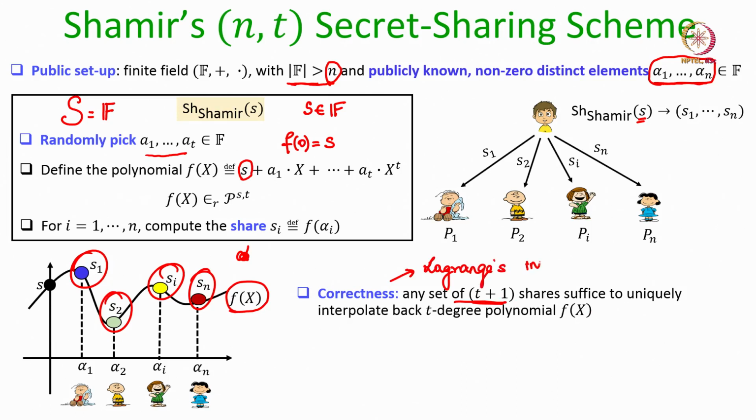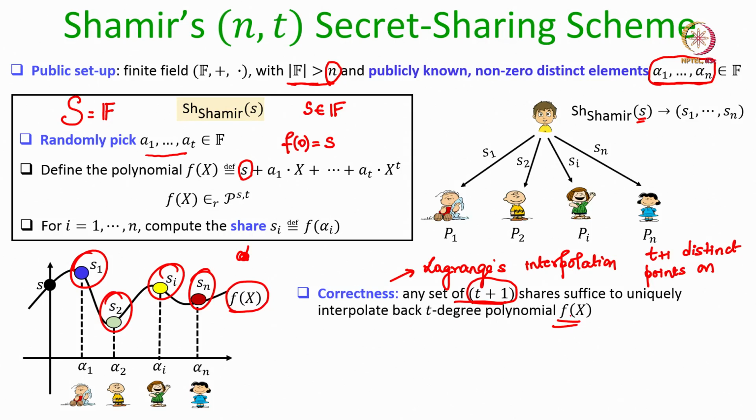Okay. So, if any t plus 1 shares are available, then those t plus 1 shares basically correspond to t plus 1 distinct points on the unknown f of x polynomial.